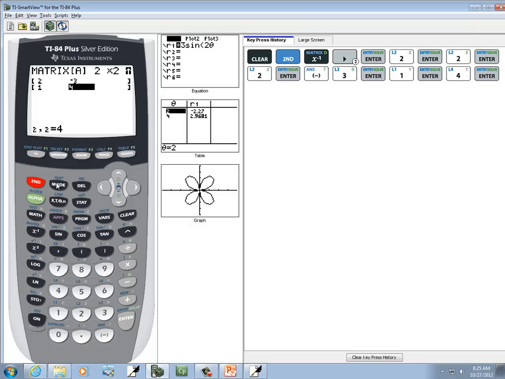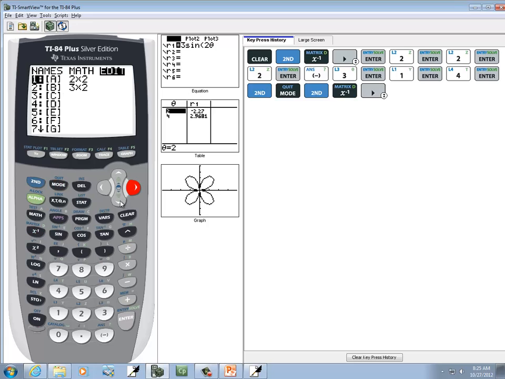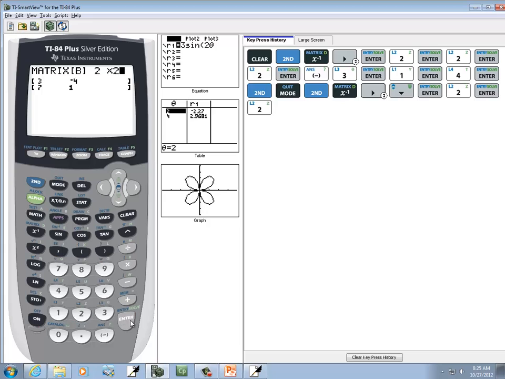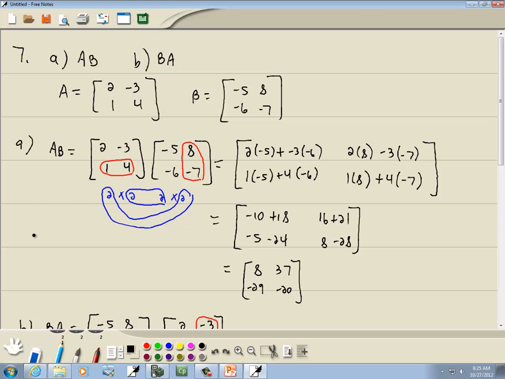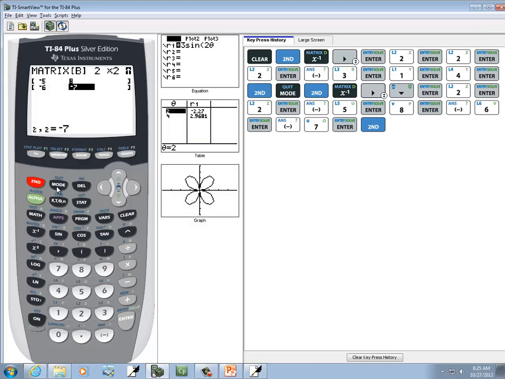So second mode. Go back to my matrix menu, second x -1, right arrow over to edit, down arrow to B, press enter. It's a 2 by 2, so 2 enter, 2 enter. And we got -5 enter, 8 enter, -6 enter, -7 enter. And exit out, so second mode.